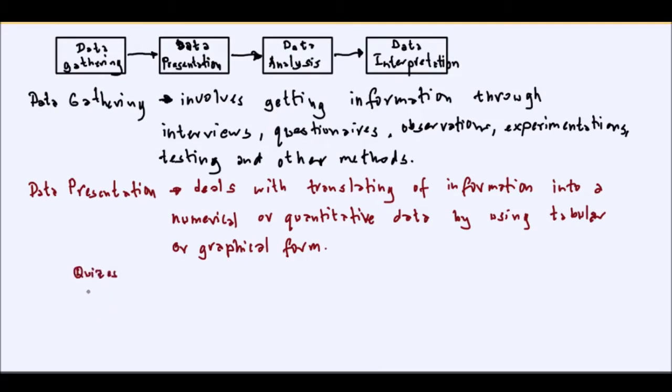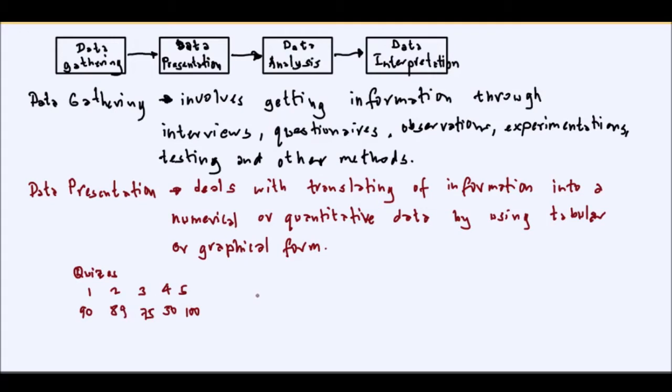So this will be quiz 1, 2, 3, 4, 5. Then your first quiz is 90, then we have 89, then 75, then let's just say 50, and this will be 100. So this is a way of representing your data. So this is the data that you gather. So this will be a tabular form.